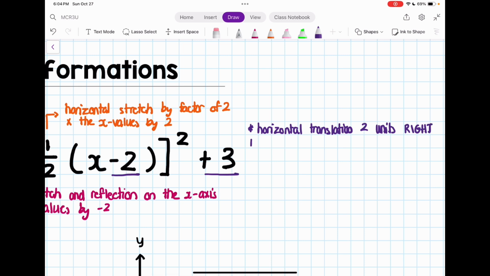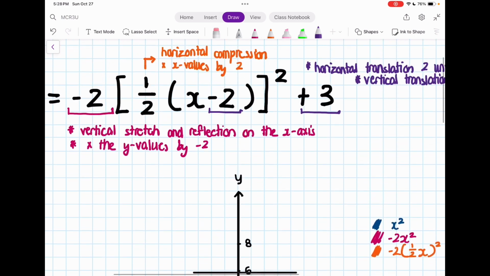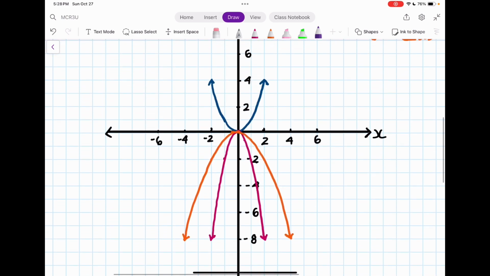And we have a vertical translation that's 3 units up. With our vertical and horizontal, we are 2 units to the right and 3 units up. So every point, X value, we add 2, Y value, we add 3.